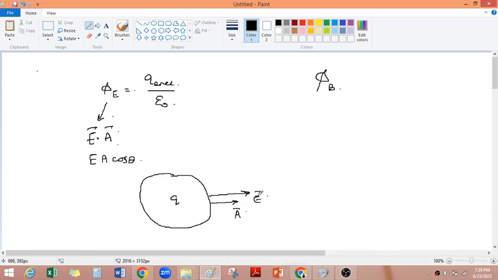Since E and A are in the same direction, cos 0 will become 1 most of the time. This is not true all the time.